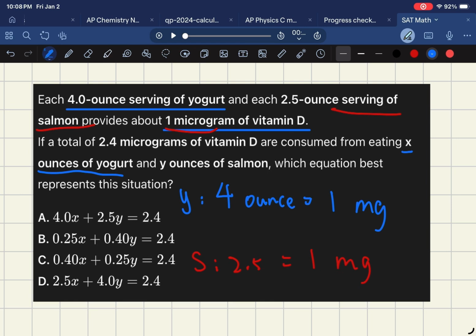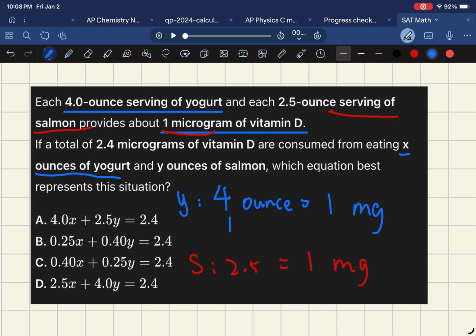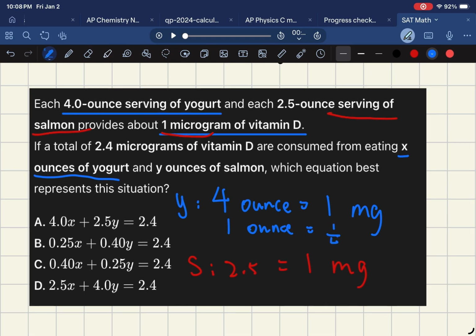We need to figure out X ounces of yogurt, so we multiply this by X, and this becomes 0.25x.